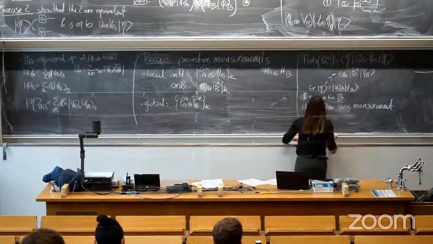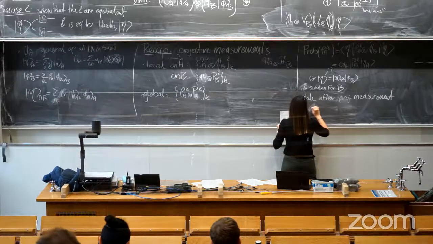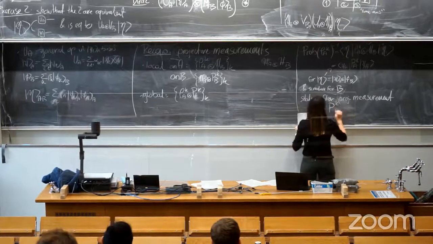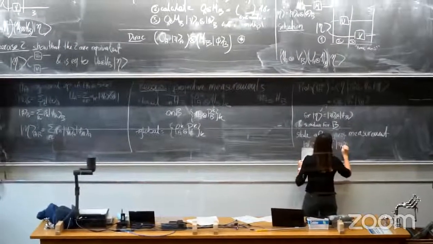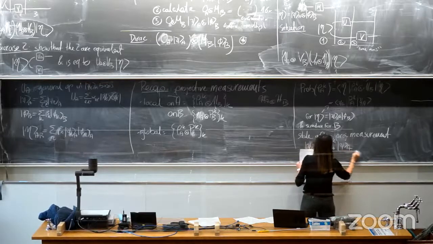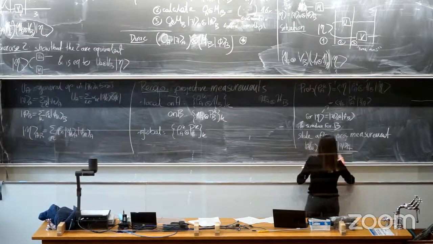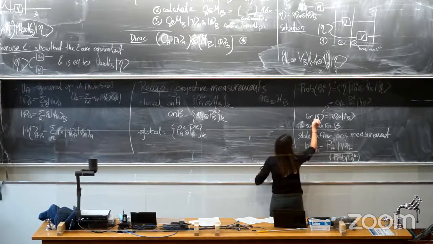We will have psi k, or eta k, which will be the projector applied to my original state, divided by the square root of the probability P_A,K. This is always the case.